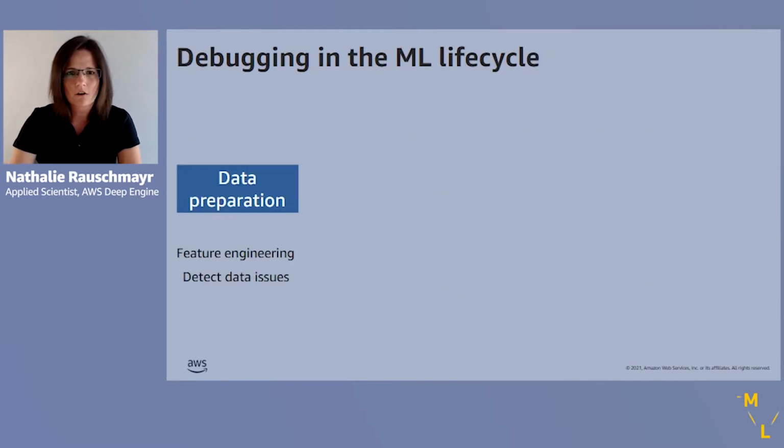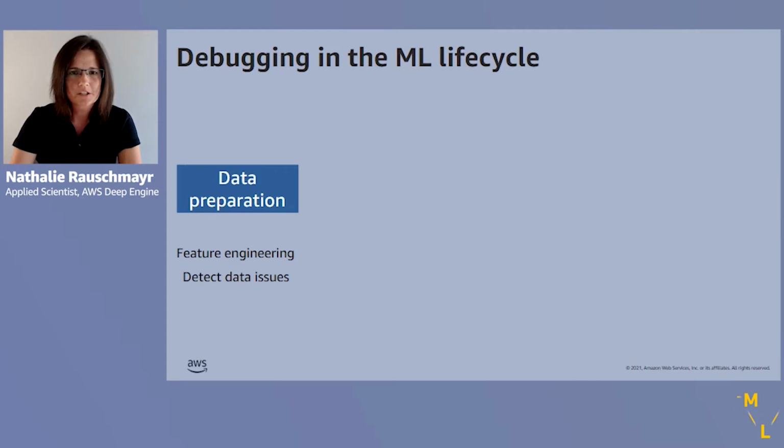Let's take a closer look at debugging in the machine learning lifecycle. Machine learning is not just about creating and training models, but there are many different steps involved. One of the most important steps is data preparation. Only if we have high-quality training datasets will we be able to train a model that achieves high accuracies.